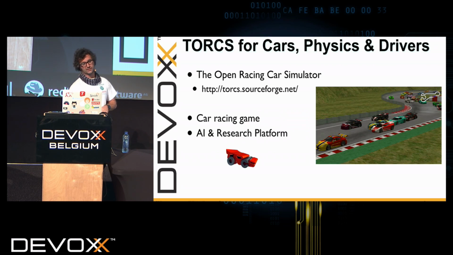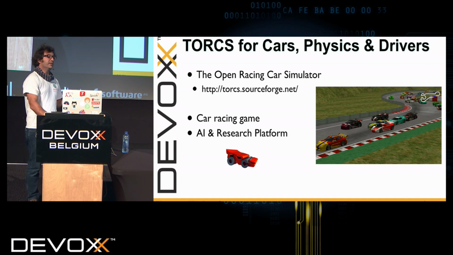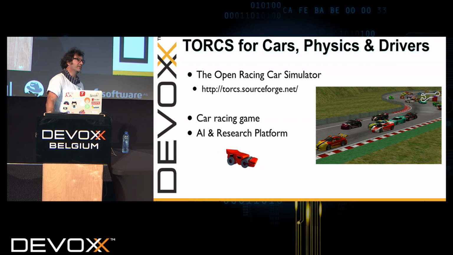So, for example, what we use is TORCS. TORCS is an open source race car simulator. It's from 2007 or 2008 or something like that, built in C and C++, available on SourceForge, as you can see. And it could be used as a game.